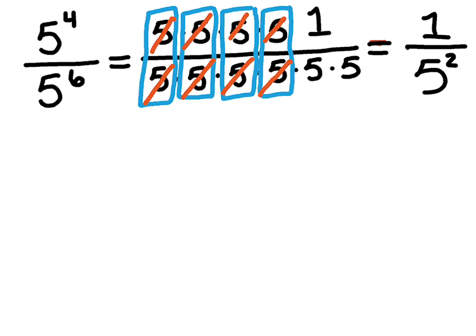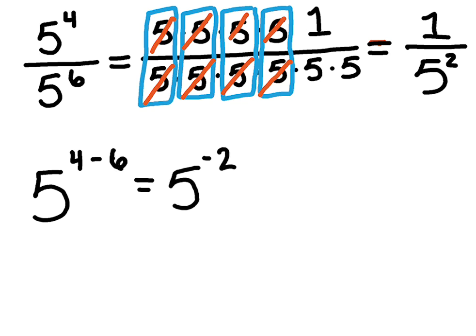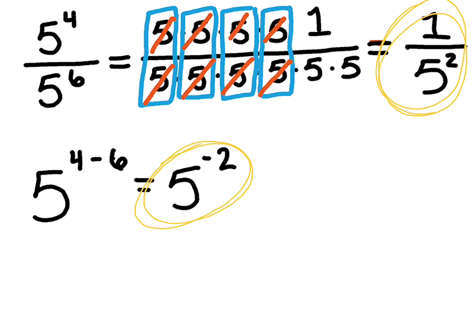Now remember, when we did the quotient of power rule, we had 5 to the 4 minus 6 equaled 5 to the negative 2. So based off of what I found out when I expanded it out, and what I found out when I used the quotient of power rule, what do you think that negative exponent means? That's right.